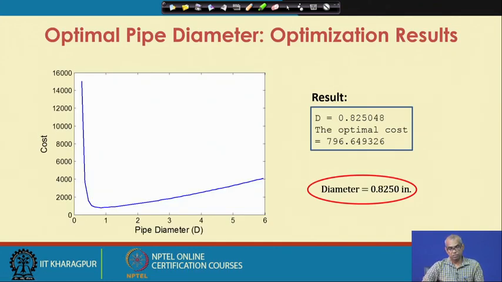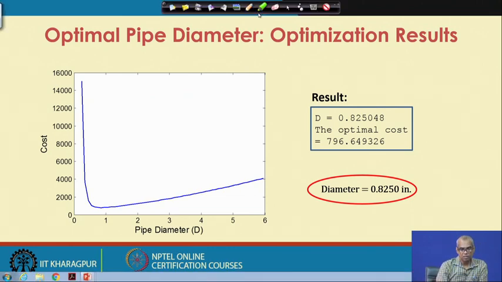Since this was a single variable function, you can of course plot the cost function with respect to pipe diameter and can check for yourself the optimal solution lies around 0.8. So, the true optimal solution as computed using fminbnd is 0.8250 inch.